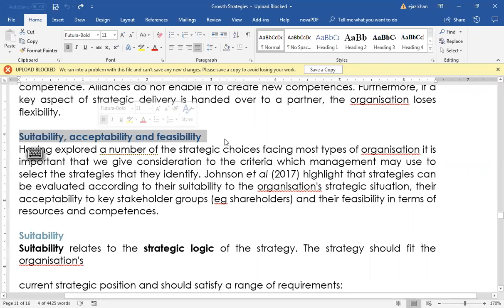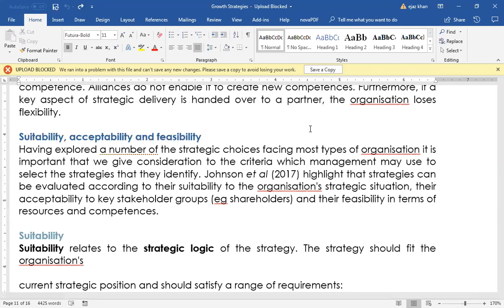These are the three key factors whenever a company is bringing a change, whether it's in the strategy, or the structure of the organization, or any other change. These are three important factors that every company must consider before applying any particular strategy: suitability, acceptability, and feasibility.